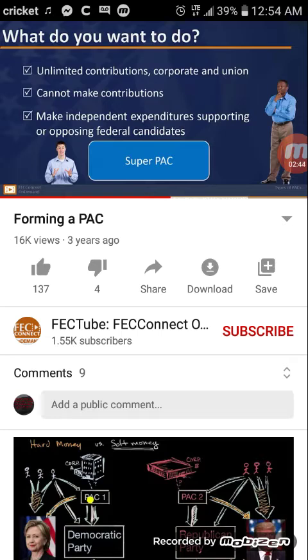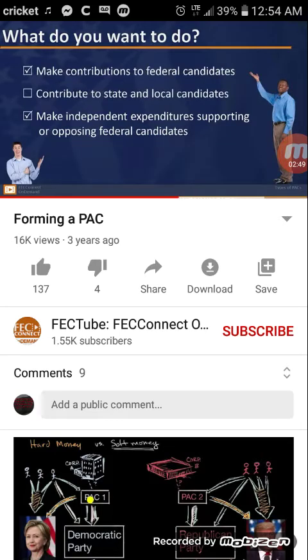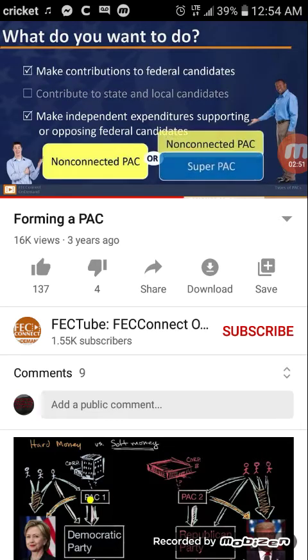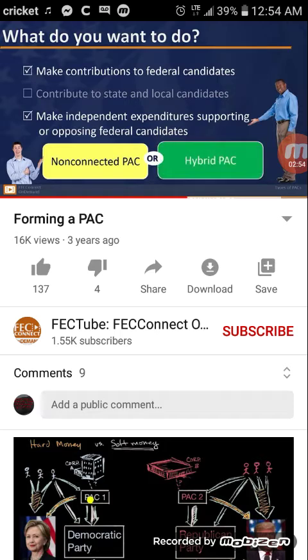However, Super PACs cannot make contributions to federal candidates. If you'd like to make contributions and independent expenditures, you've got a couple of options. You could establish a regular non-connected committee and use funds subject to the law's limits and prohibitions to finance your activity, or you could combine the features of a non-connected PAC and a Super PAC and register as a hybrid PAC. A hybrid PAC maintains one bank account that functions as a regular non-connected committee and another that functions as a Super PAC.